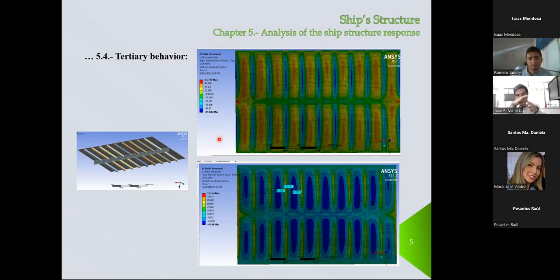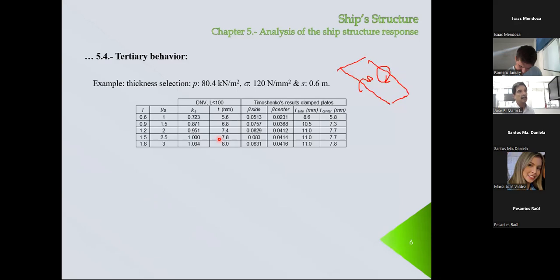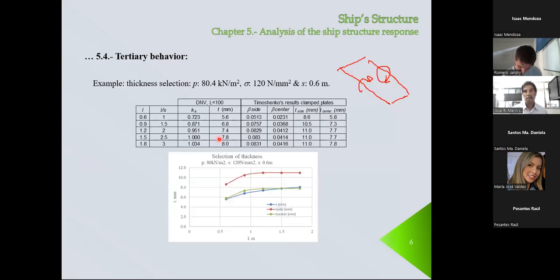When they rotate, the slope is not zero anymore. So that produces a redistribution of bending moment. And the result is more or less that the bending moment in the central part of the plate and on the side are basically the same. And that's what we're seeing in this figure.